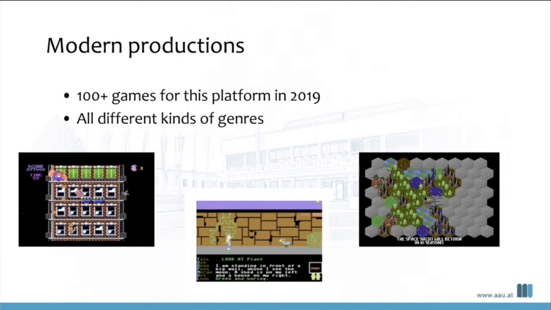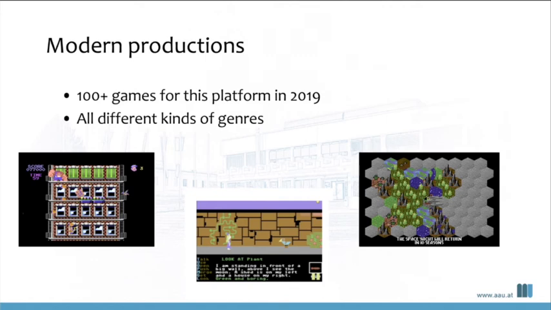On the left side, we see Fix-It Felix Jr., which is a game adaptation from a movie. In the middle, we see a screenshot from the game Alice Escape from Wonderland, which is a walk and click adventure, quite similar to these point and click adventures.